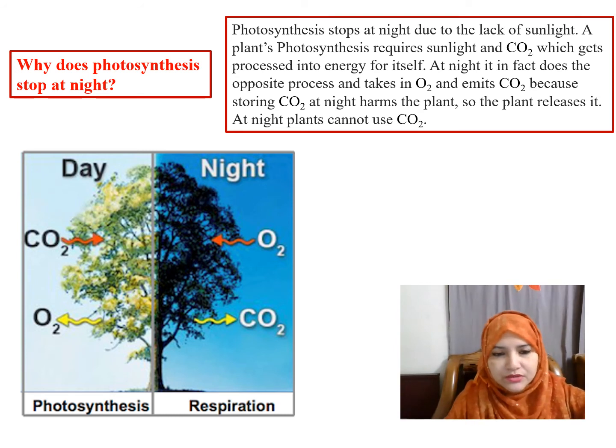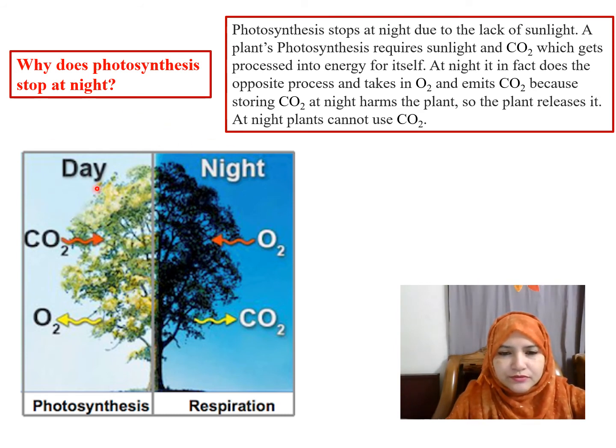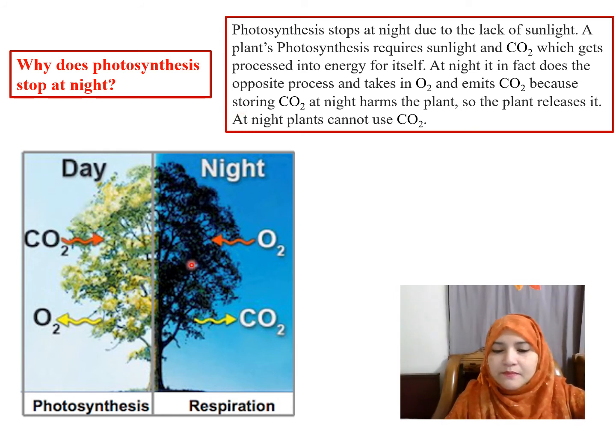You can see from this picture, at daytime photosynthesis occurs in the plant, and at night respiration occurs. In photosynthesis carbon dioxide is used, which comes from the air, and at night during respiration, plants emit carbon dioxide.